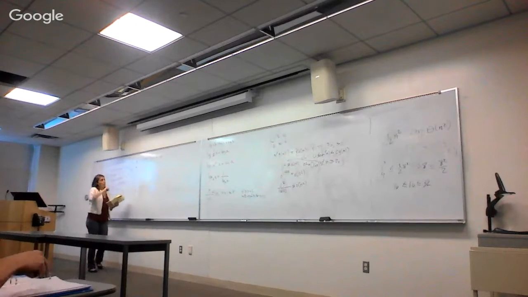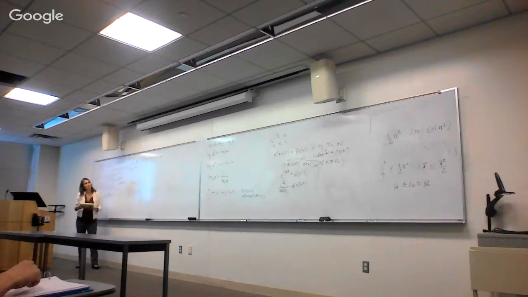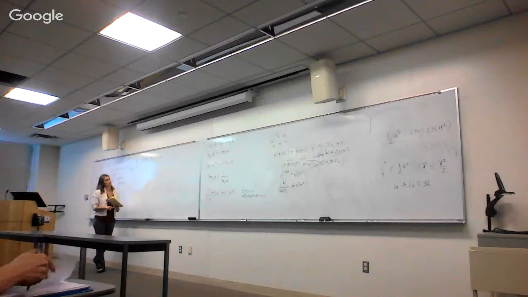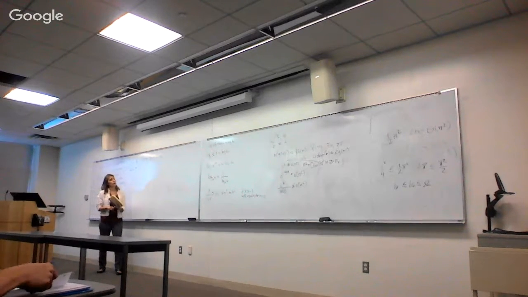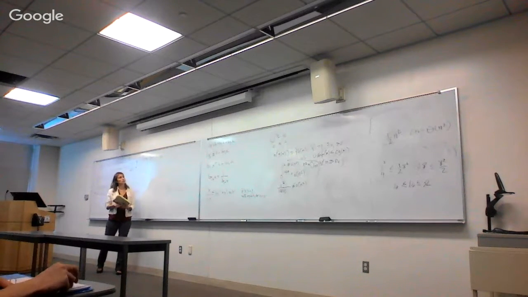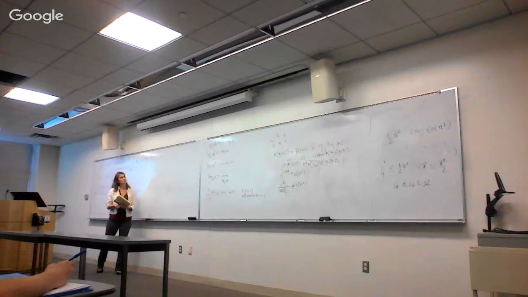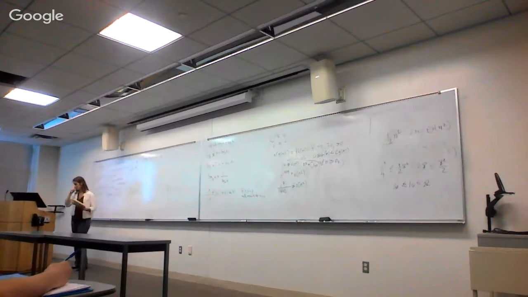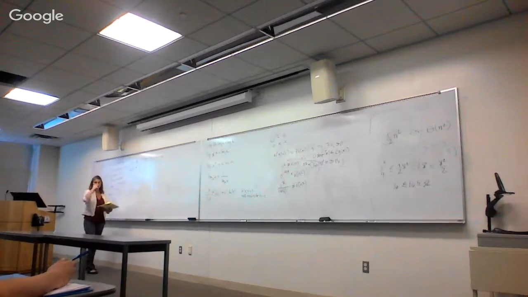Also, I posted some really good review sheets for linear algebra. I'm going to post the probability one. I think the ones I've mostly posted are about linear algebra, but there might be some algorithms reviews. So those are under the readings.